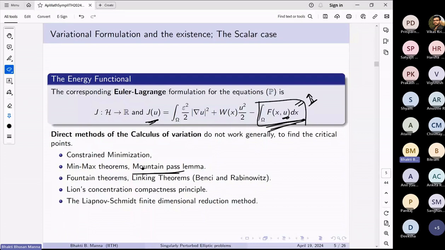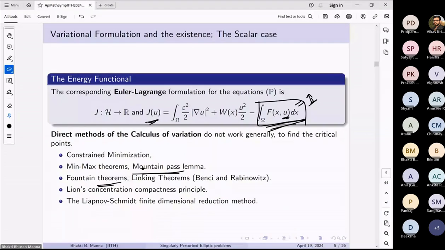We shall come to that, what the Palais-Smale condition is. Then the fountain theorem is a generalization of the mountain pass theorem. The mountain pass theorem gives us a least energy solution, and there are different energy levels which can be captured by the fountain theorem. There is a lot of literature there, and it sometimes helps us find the multiplicity of solutions.